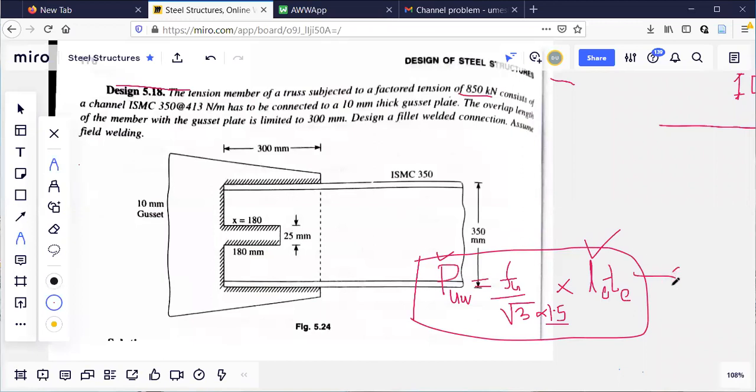Okay, let us call this equation 1. In this equation 1, which I have already used in the previous example, same formula I'm using. PUW is given in the problem, 850 into 10 raised to 3. FU by root 3 into 1.5. What is FU? That is 410.